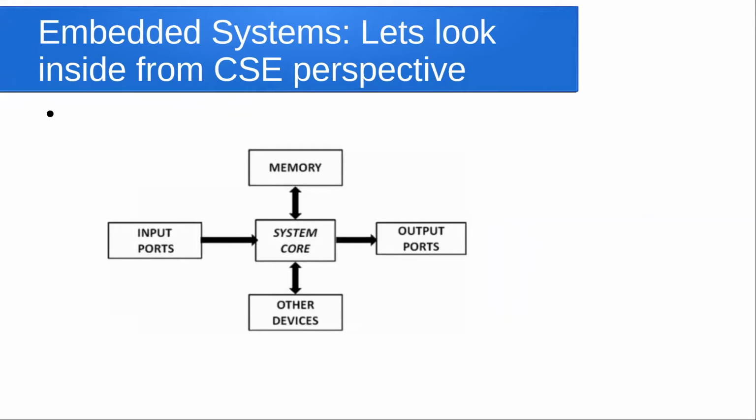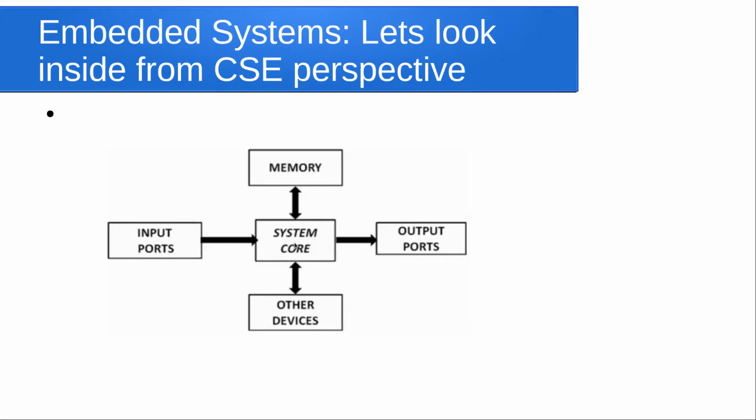So embedded systems can be looked at from a typical computer or PC block diagram like this. You have a microcontroller, which is the core of the embedded system, reading the inputs from the input pins of the main system, and it might have access to additional memory, in addition to what is inbuilt in the system code. Together, there could be interfaces with other devices.